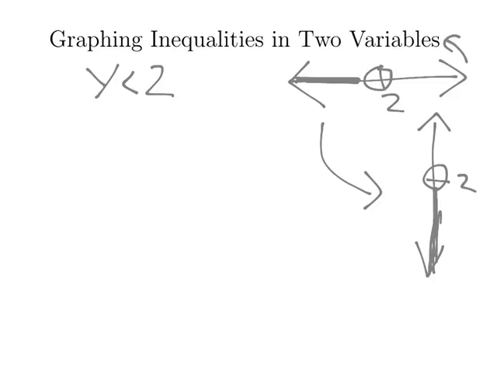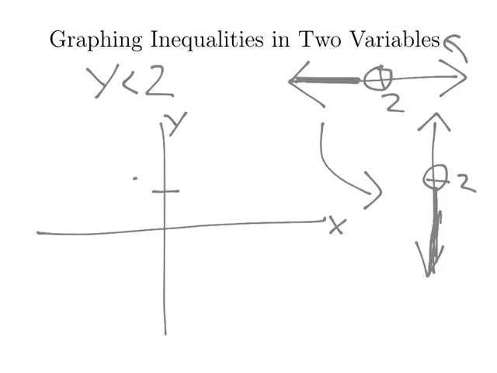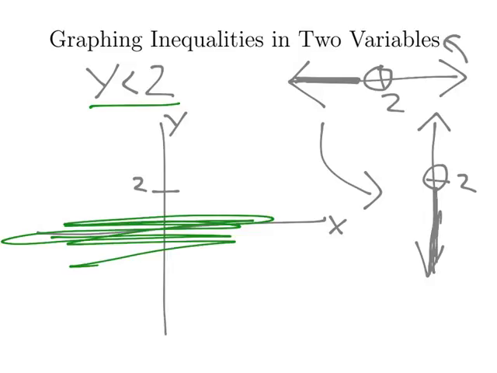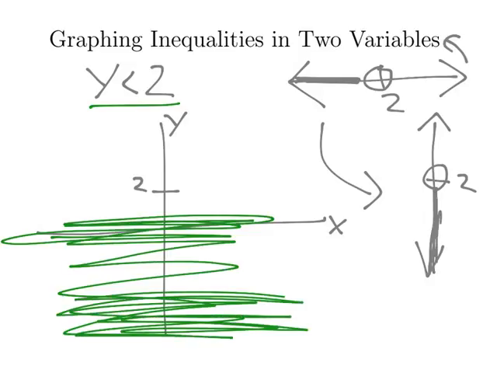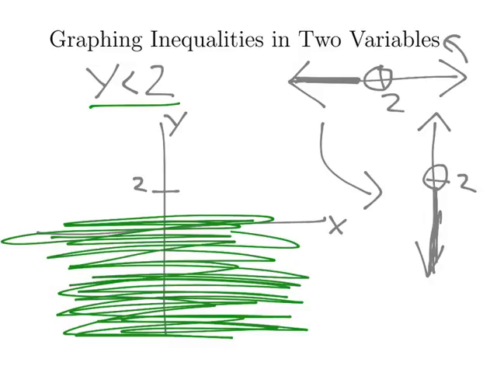What we'll do is we'll actually draw an entire graph and label our axes, y and x. And let's say here's where 2 is. If y is less than 2, that means it's going to be any of the stuff down below it. If I had a nice pencil, I would shade this in, uniform, and make it look nice.